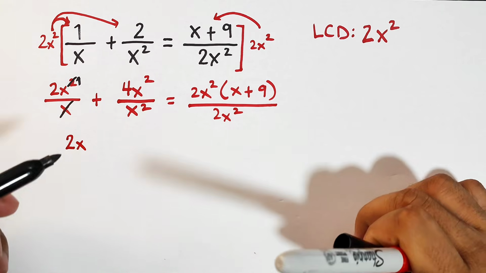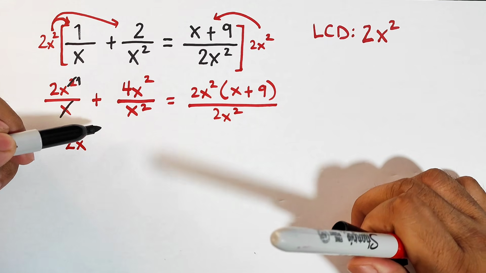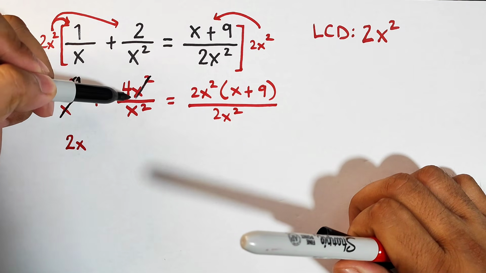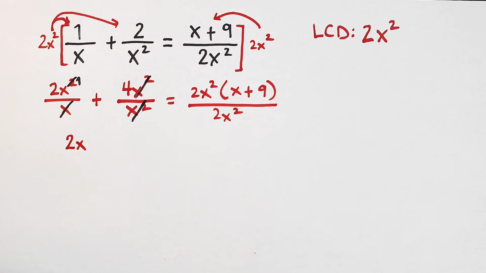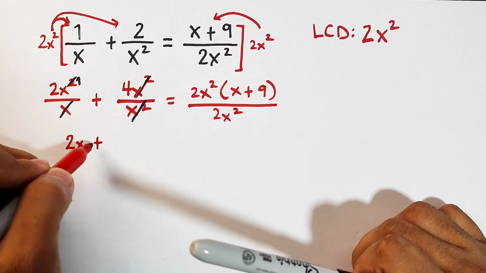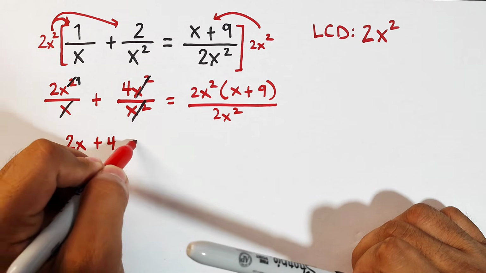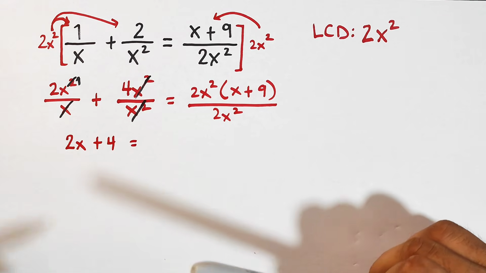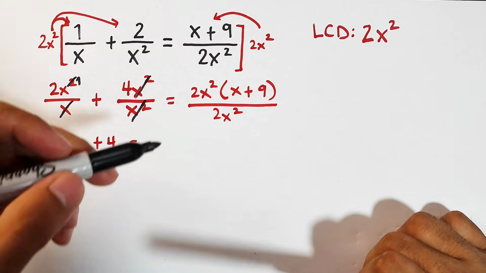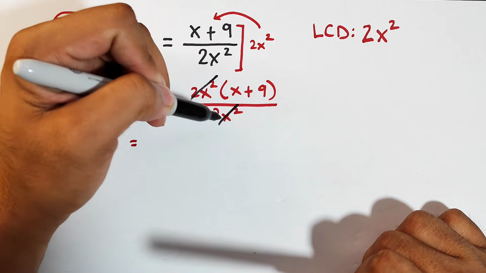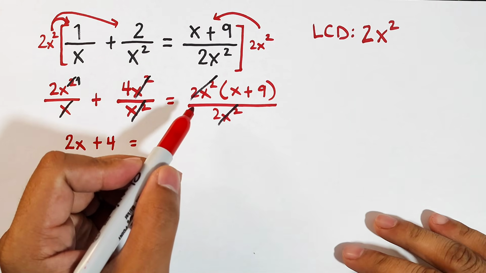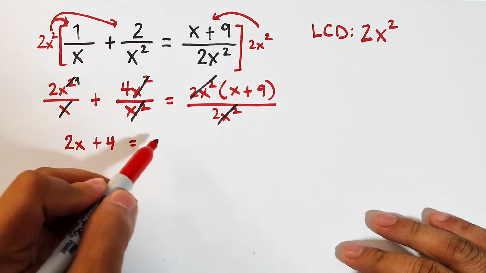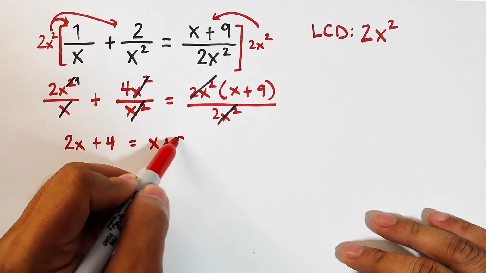For this term, since they have the same x squared, we can cancel out this x squared and also this x squared. So the remaining term is plus 4. Then equal to this side, we can eliminate 2x squared and 2x squared. So what will happen here is that it will become x plus 9.